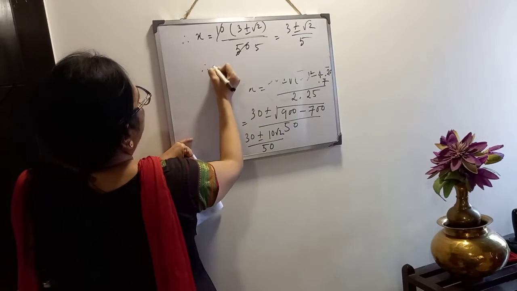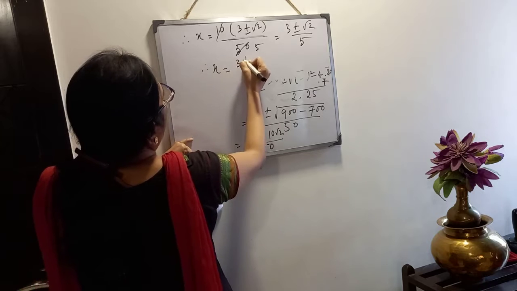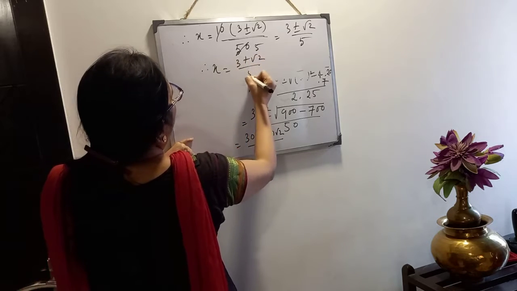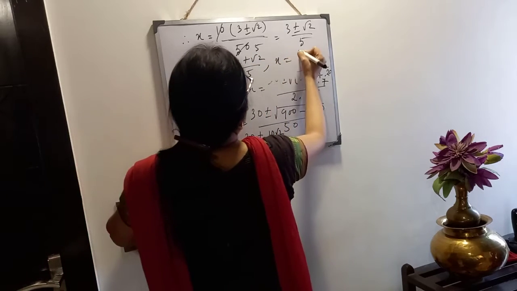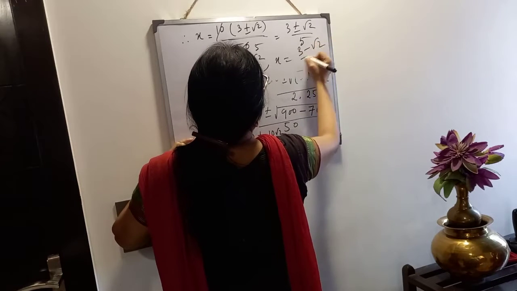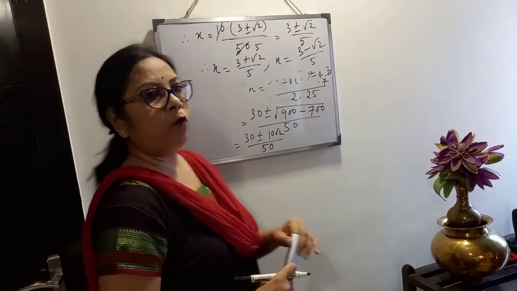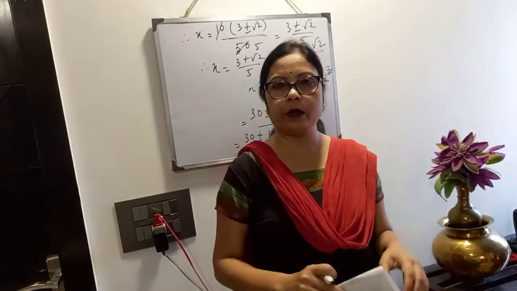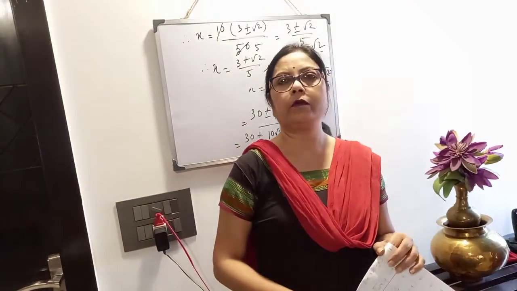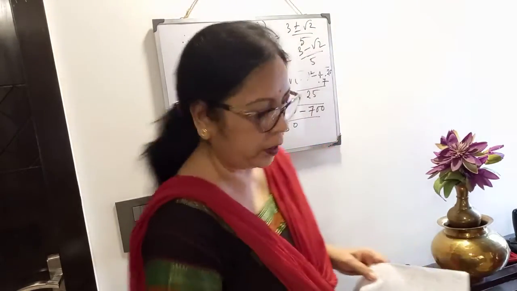So what are the values? X equals to 3 plus root over 2 by 5, and another value x equals to 3 minus root over 2 by 5. That's why there is given plus minus. Here one value you will get considering positive sign, and other you will get considering negative sign. Now next one.